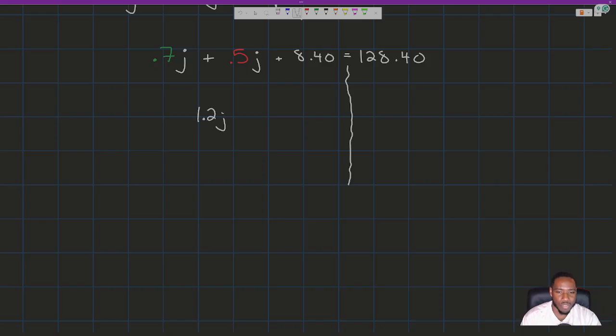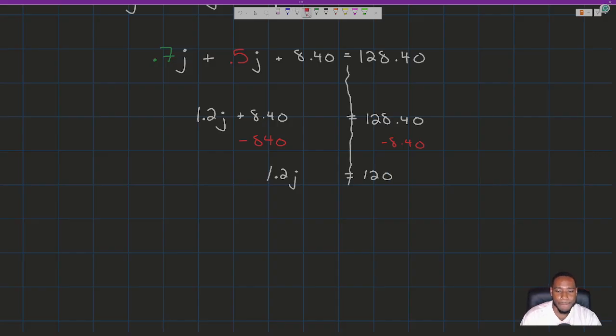So 1.2J plus 8.40 is equal to 128.40. From there, we can go ahead and subtract 8.40 from both sides. And that's going to get us 1.2J equals $120.